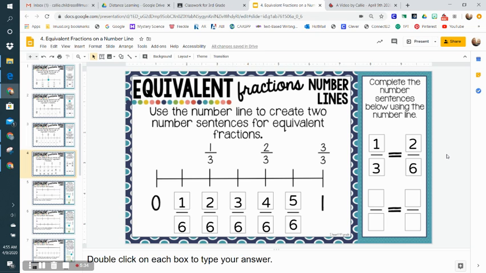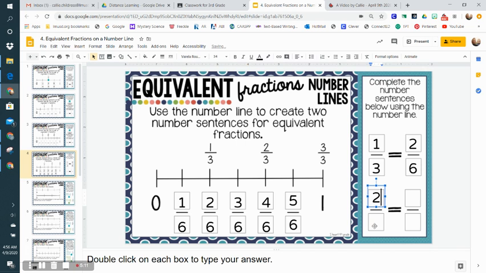Okay, that's one equivalent fraction I can make on this number line. Another one I can make is 2/3. Now I could make 2/3 equals 4/6, or I could do the 3/3 equals 1 or 3/3. Since it's written as a fraction here, I'm just going to use the 2/3. So I can see that 2/3 is in the same place as we would say 4/6.